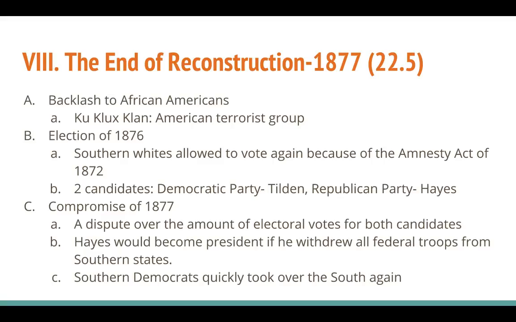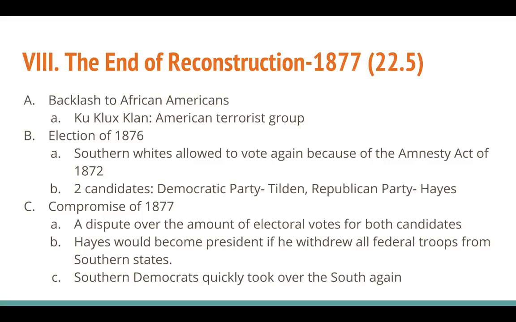So there was a compromise, and we are all familiar with compromises. In order to come to an agreement, both sides have to give up something. So Hayes, from the Republican Party, would become president if he withdrew all federal troops from the southern states. And that is exactly what happened.